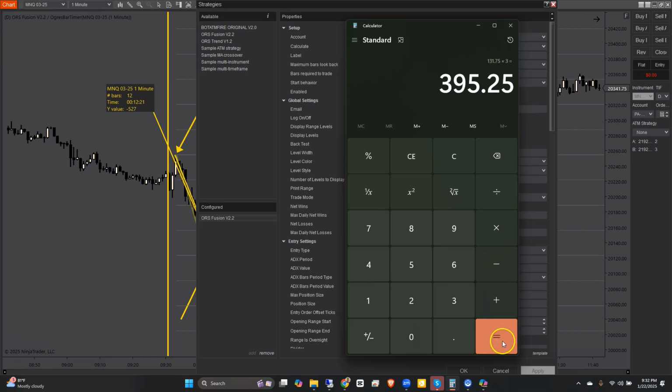Times 3. So at the most, I'm going to lose about $400 at the end of the day. And you could add another 25 for commissions. So you're still under $425, which is way better on a 50K account, which you can handle that. I can handle that. I can accept a $400 loss at the end of the day.